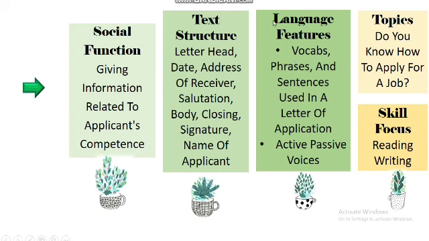Next, in language features, we study vocabulary, phrases and sentences used in a letter of application, and also passive and active sentences. In topic, we will study how to apply for a job. It is about reading and writing skills.